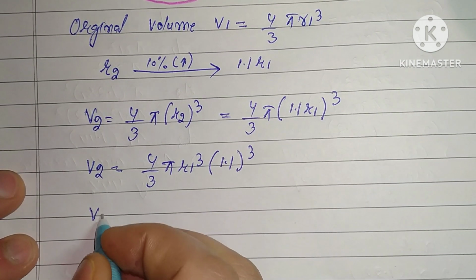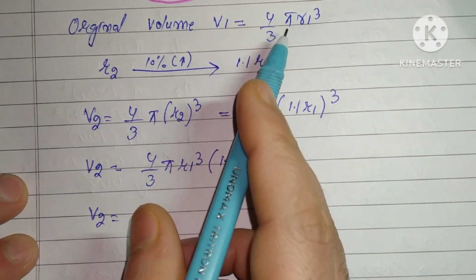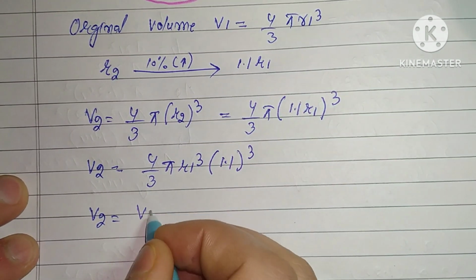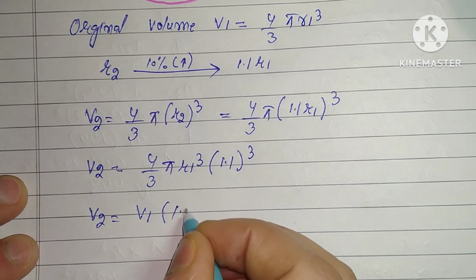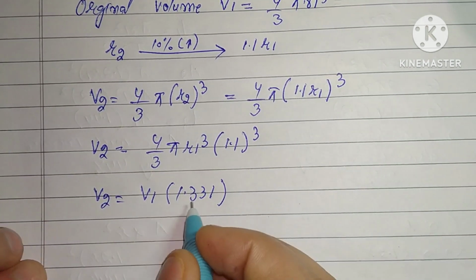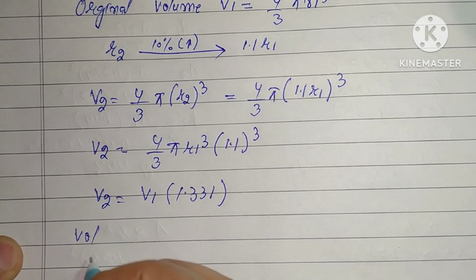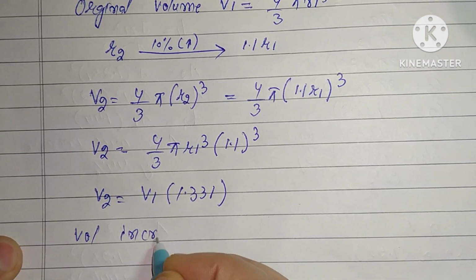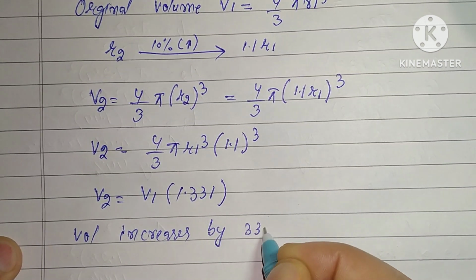Therefore, the new volume will be the original volume 4 by 3 pi r1 cube, so it is V1 into 1.1 cube. 1.1 cube is 1.331. So the new volume is 33.1% more than the original volume. Therefore, volume increases by 33.1%.